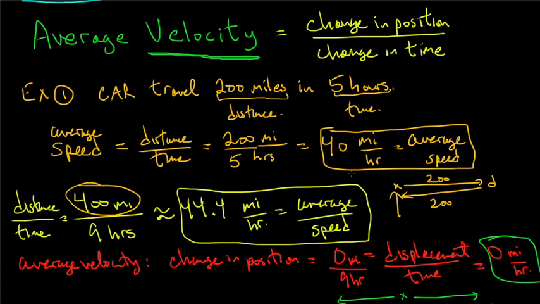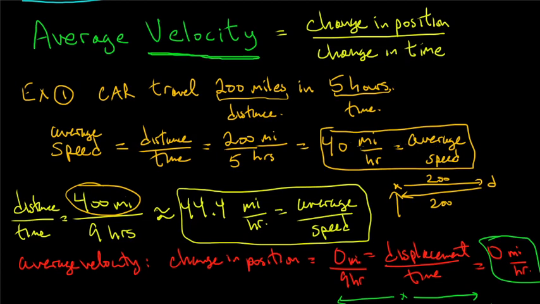But if I look down at the speedometer and it says 52 miles per hour, that's how fast I'm traveling at that moment. That doesn't contradict the average speed.